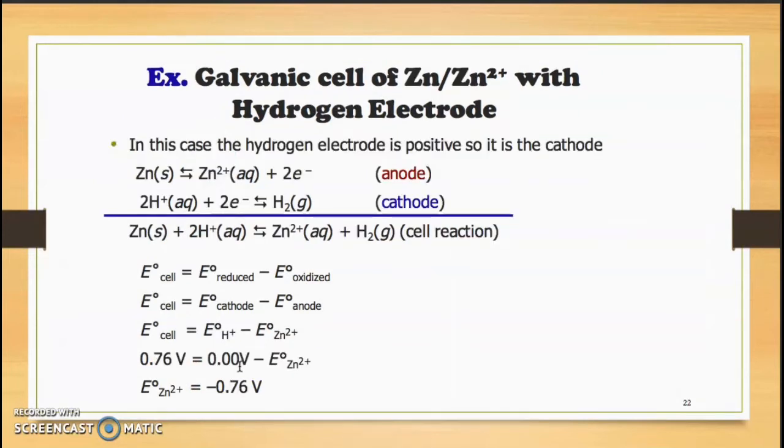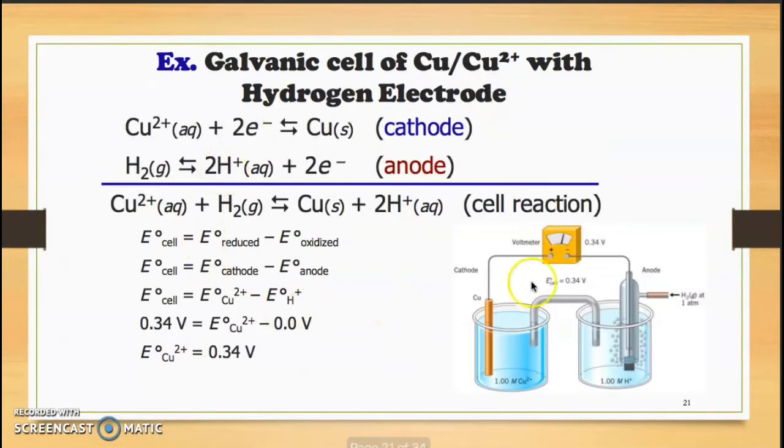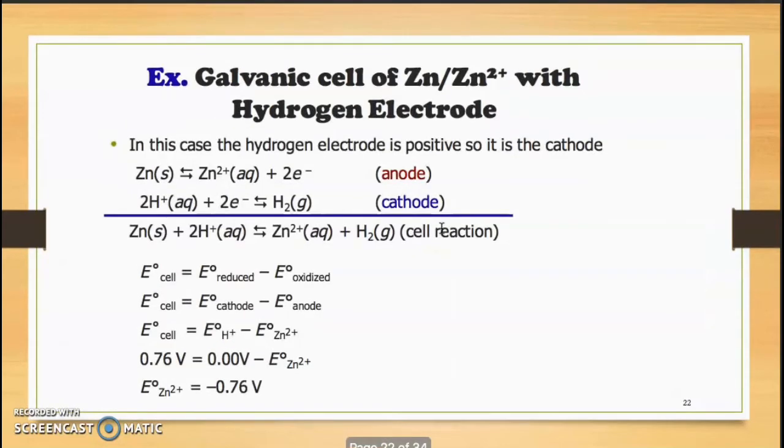This is the example for the zinc and hydrogen electrode, the same formula as the previous one for copper. But the SRP for Zn2+ to Zn is equal to negative 0.76 volt.